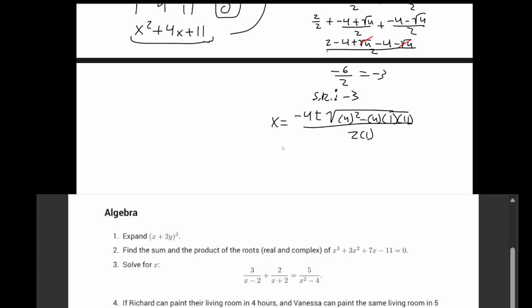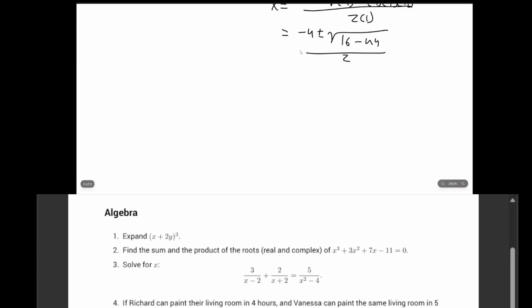And so then this will equal negative 4 plus or minus the square root of 16 minus 44, all over 2. This would then equal negative 4 plus or minus the square root of negative 28. Did I do the math correctly? Yeah, negative 28, all over 2.